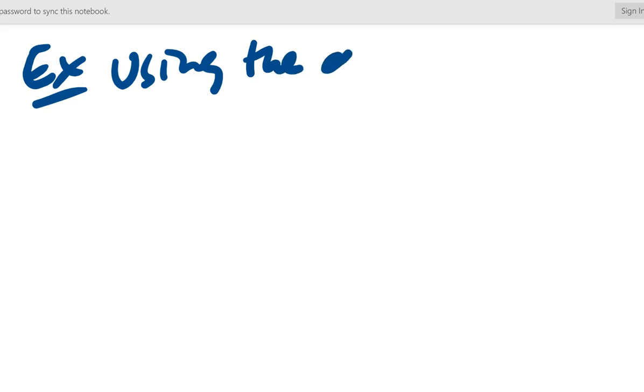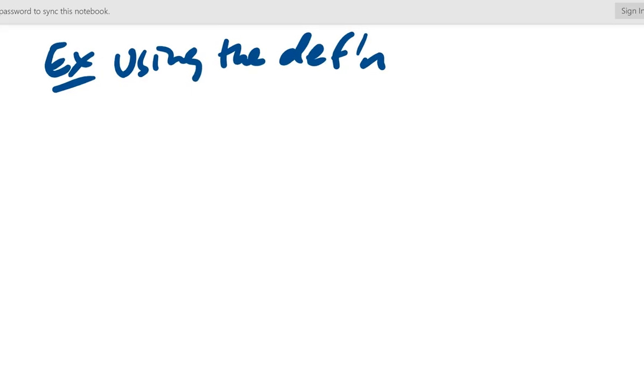So now what I want to do is an example using the definition directly. I want you to not memorize how to do these. I want you to know how to do these. So let's go through the definition first.